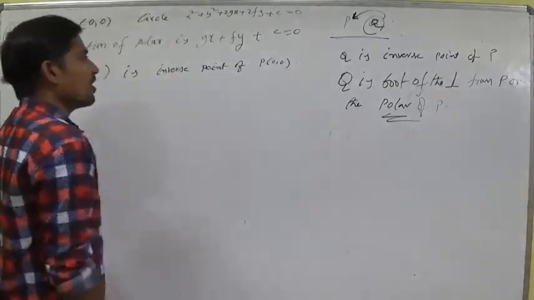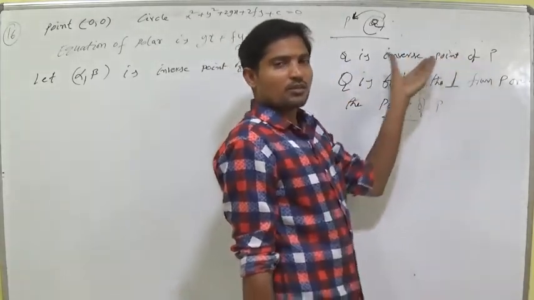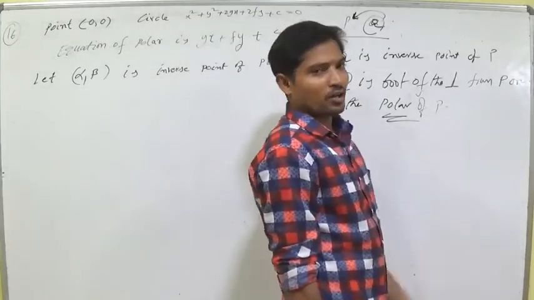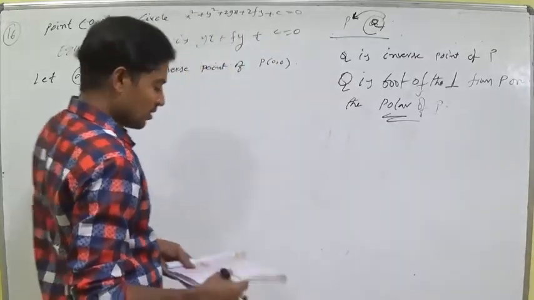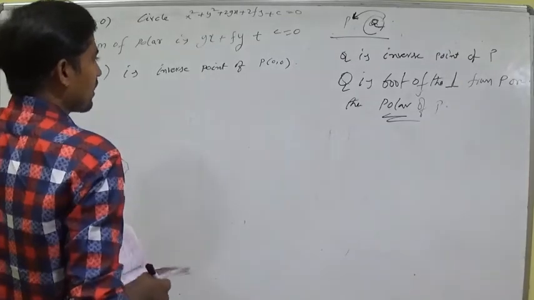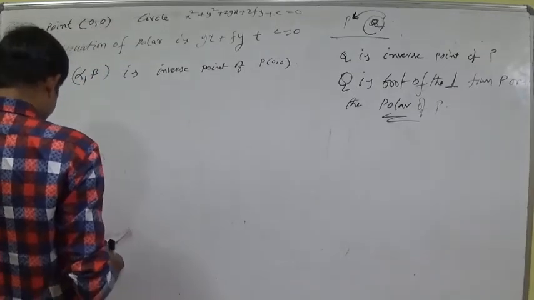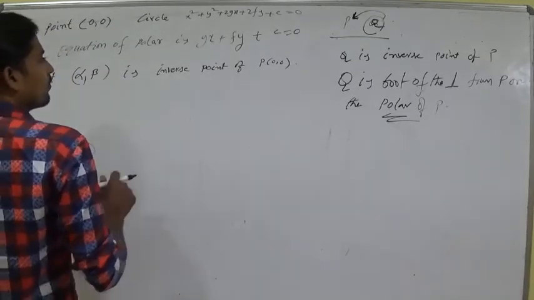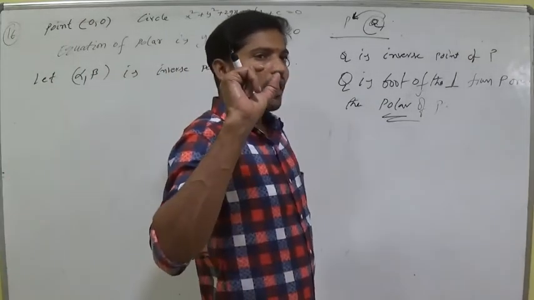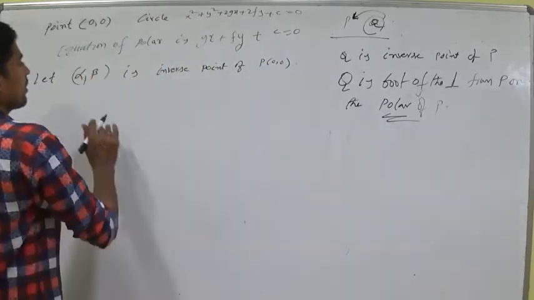Then here what he said, suppose Q is the inverse point of P, Q is the foot of the perpendicular from P on the polar. So we have to find the perpendicular distance. I want to find the foot of the perpendicular, so I have to use the foot of the perpendicular formula, right?